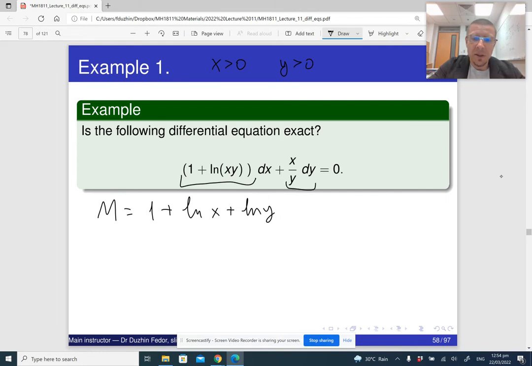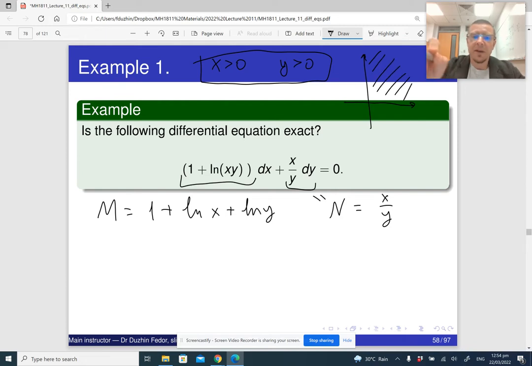And this is my N. So N is x divided by y. Now, in order to test for exactness, I assumed that both x and y are positive because the domain of the left-hand side of my differential equation is now the first quadrant, which is simply connected.